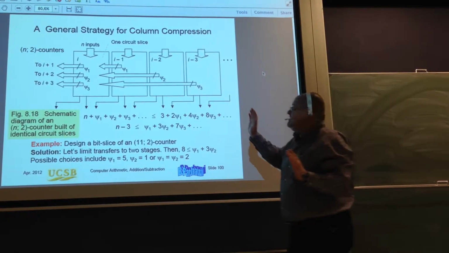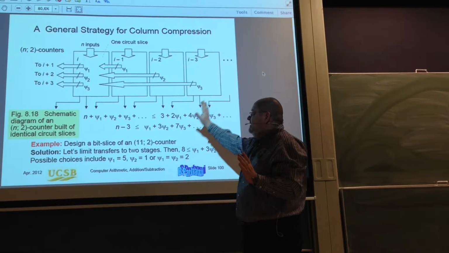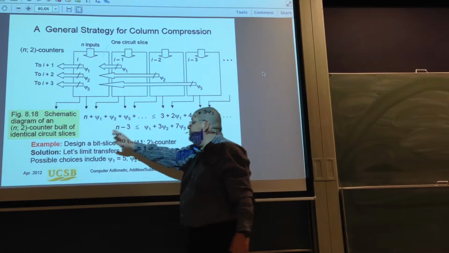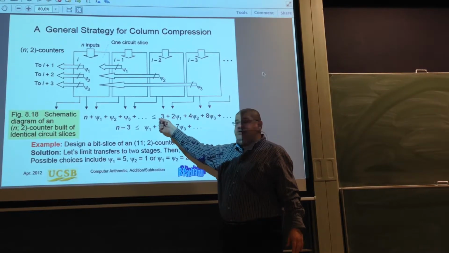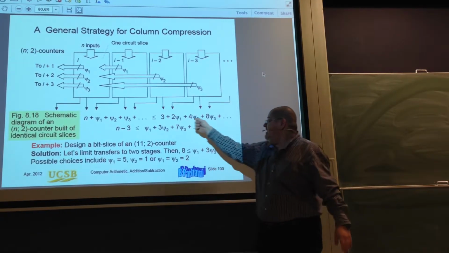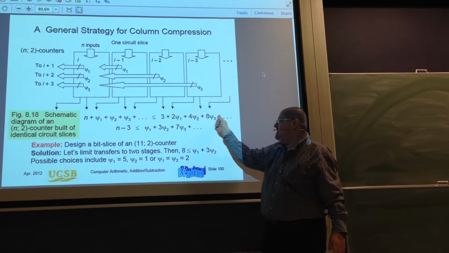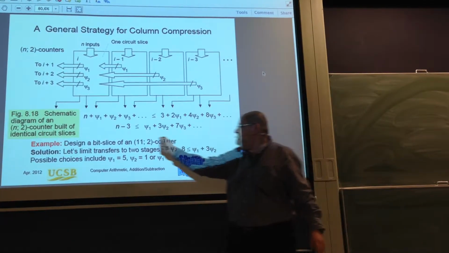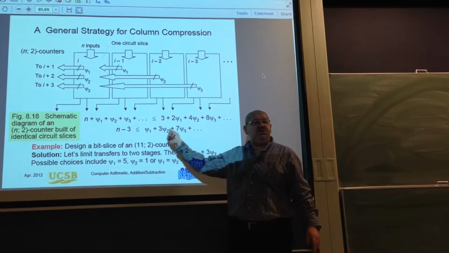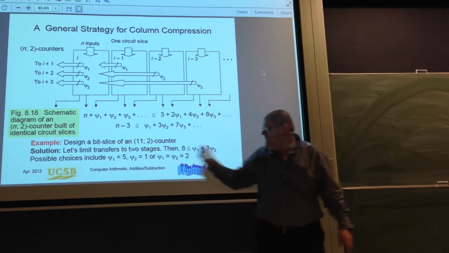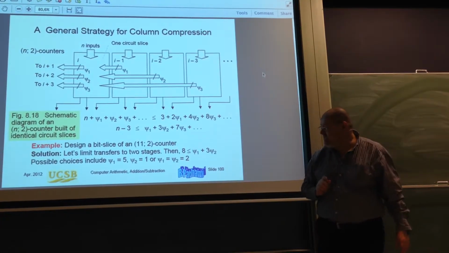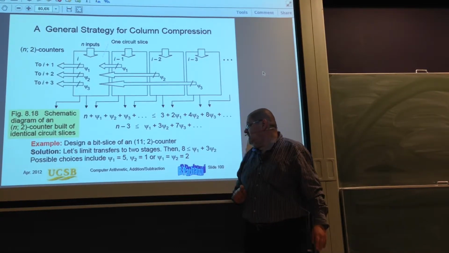Now, as you see here, it's suggested that in order to preserve the value, which is n plus a number of carries which I may get in that position, I have to have 2 bits for the output and some carries for next positions, next, second to next, third to next, whatever. Which means that I have to solve such an equation. There are many solutions for that. This is an 11 to 2 counter.